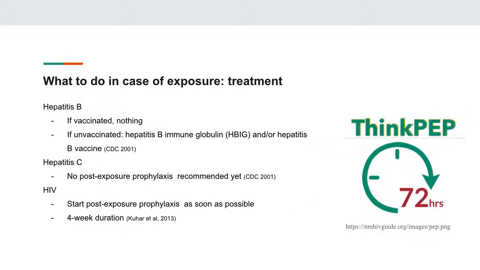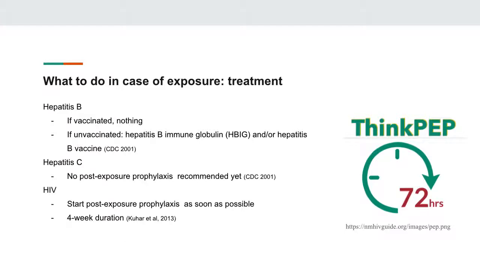So let's say that you are exposed and you go to the employee clinical services. This is kind of what you can expect in terms of treatment that they will offer you after you go to see them and get evaluated. Again, I'll be using the three most common organisms that we covered, which are Hep B, Hep C, and HIV. If you are vaccinated against hepatitis B, then there will be no treatment required after you have been exposed to that.